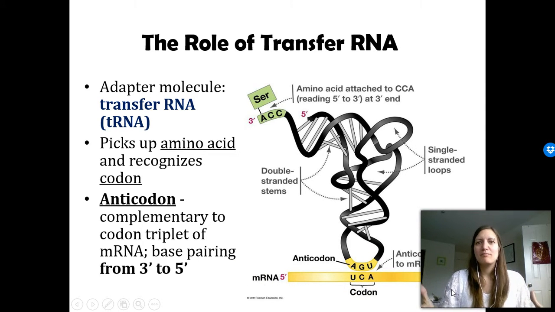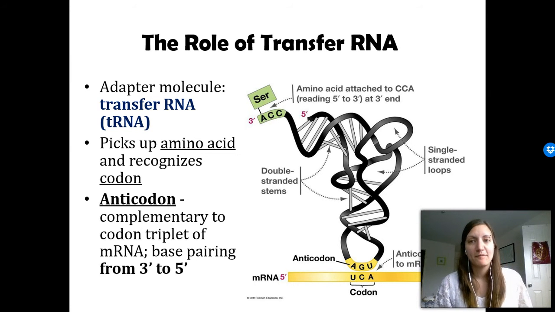Well, when you do this matching, this base pairing, you have to be anti-parallel. It's the same thing we saw with DNA synthesis. It's the same thing we saw with RNA, mRNA being transcribed. So the anticodon runs the same way. It runs 3' to 5' in order to complement the 5' to 3' of RNA.